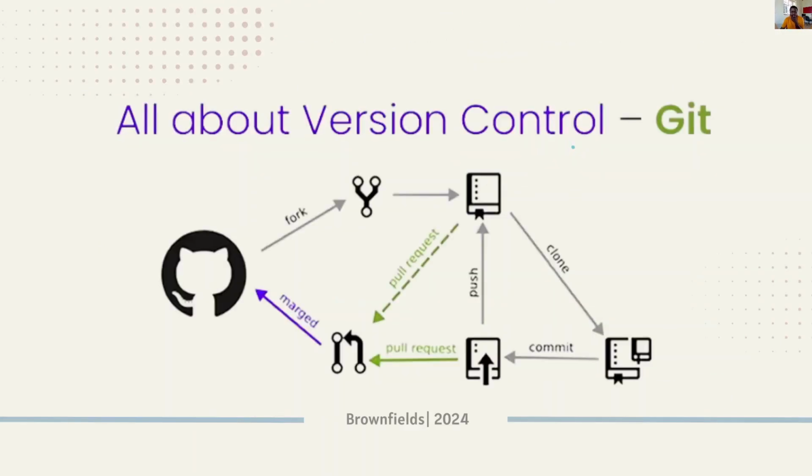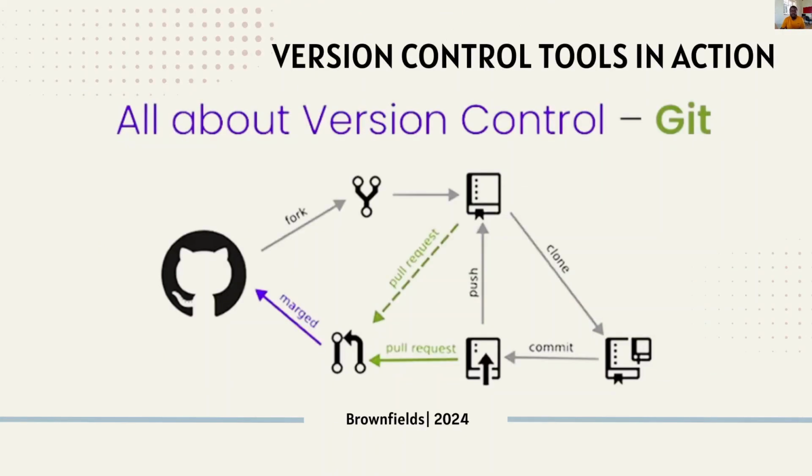Then I will be talking about version control, the Git version control, to show how version control tools are used to prevent issues like simultaneous updates by different members and to protect source files from loss.